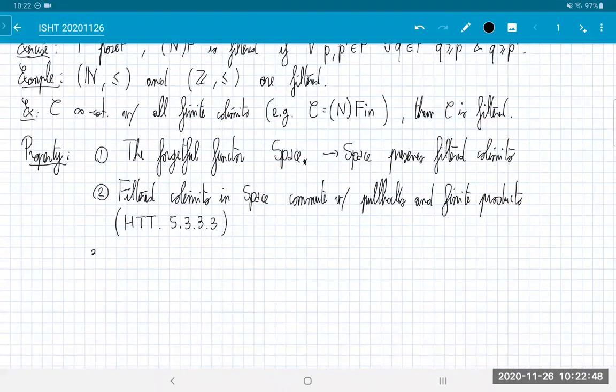And the third is, well, it's actually more than a property, it's something that's a consequence of the things of 1 and 2.